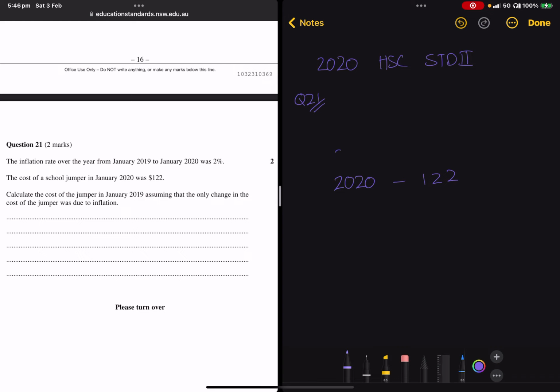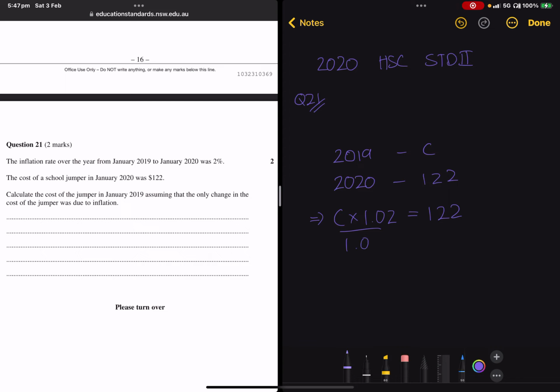Okay, so there's some 2019 cost here, which we'll call C, and C, when increased by 2%, will give us 122. So this tells us that C multiplied by 1.02 is going to be equal to 122.